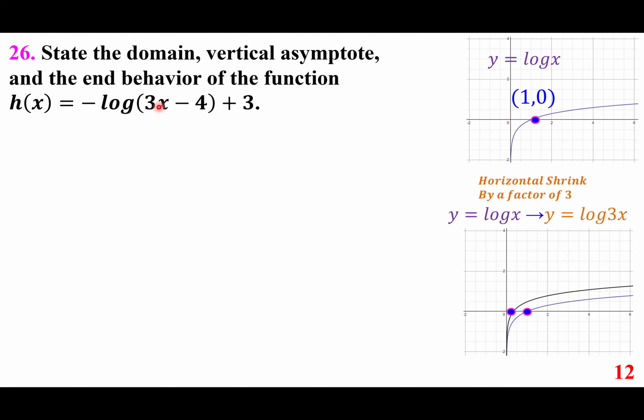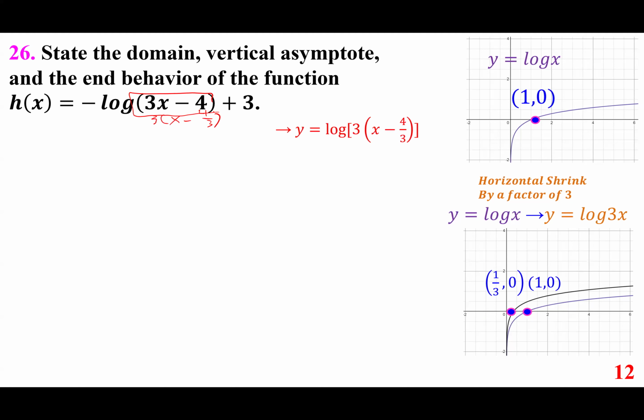You look at this one, if I factor the 3 out, I get just this one. It's the same as 3 times x minus 4/3. So those are the new intercepts.